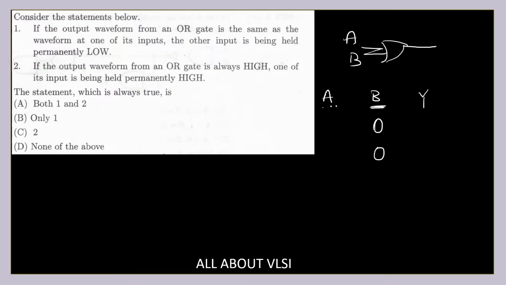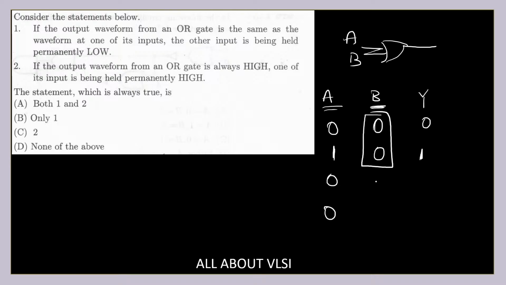Okay. And let's say if A is equal to 0, Y is equal to 0. And A is equal to 1, Y is equal to 1. And the other input is held low permanently. You are getting whatever input was applied at the input. Okay. Let's say this A input is held low permanently, and let's see whether it is working.